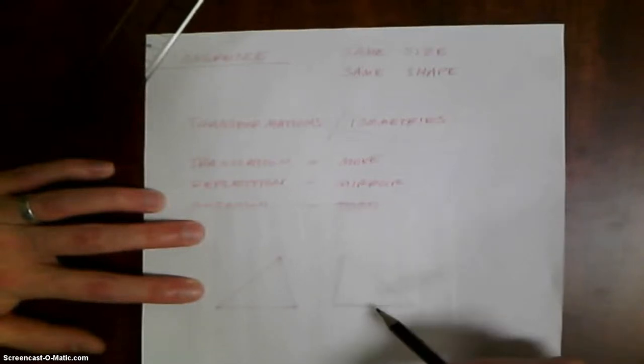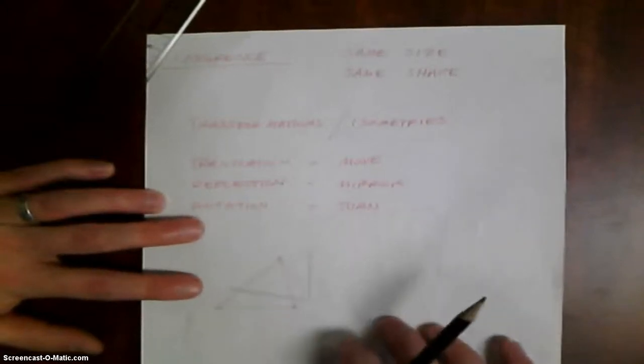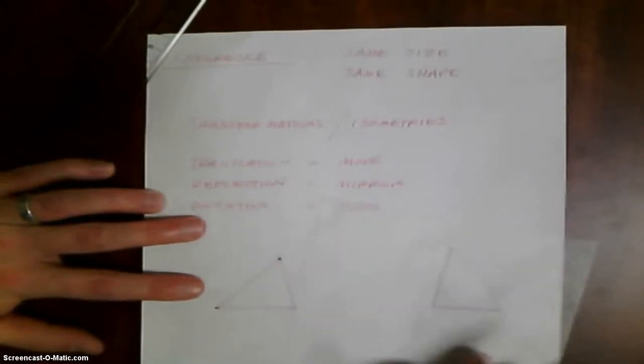Reflection is mirroring, so if I think of this triangle flipped over, this is still considered congruent. It's still the same size and same shape. It's just flipped. And then rotation is a turn, so I can turn this triangle around, and even though it's flipped upside down, it's still the same size and same shape.